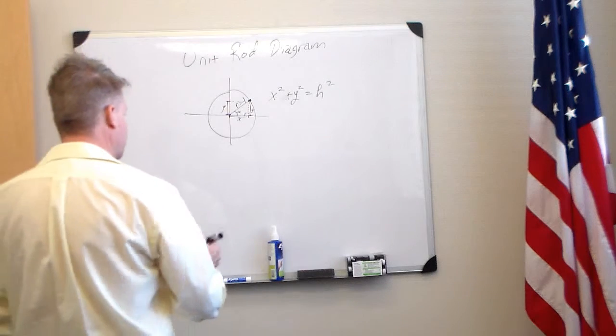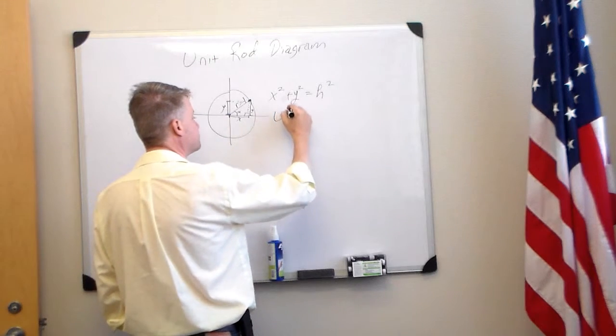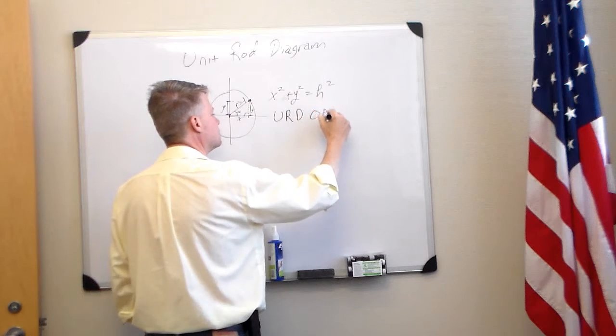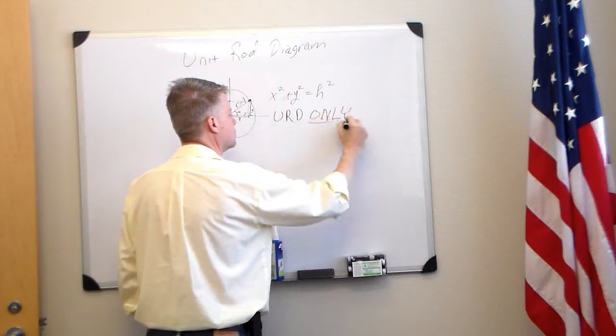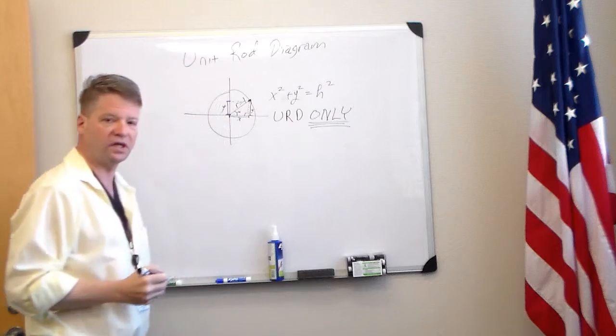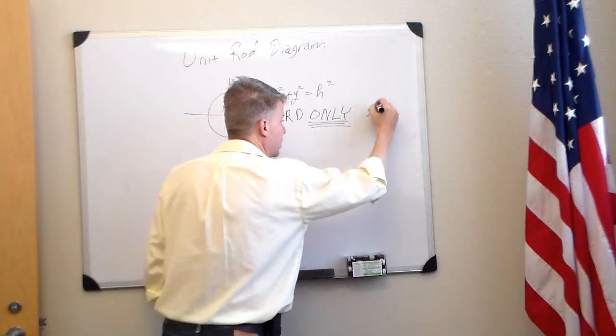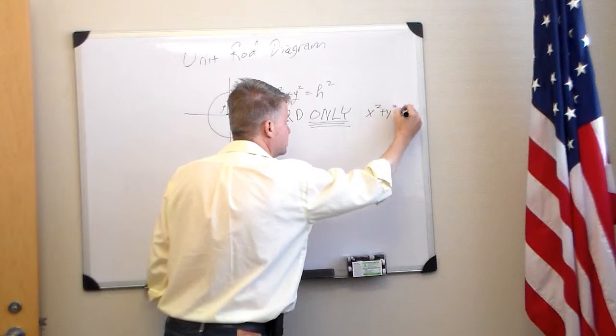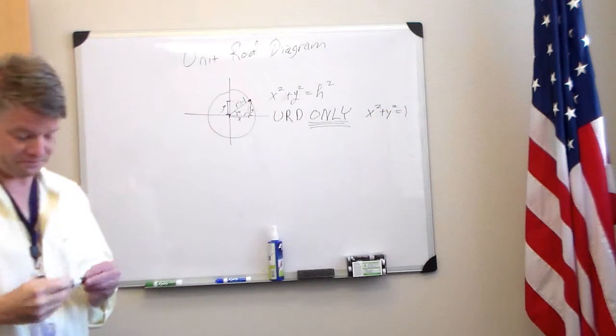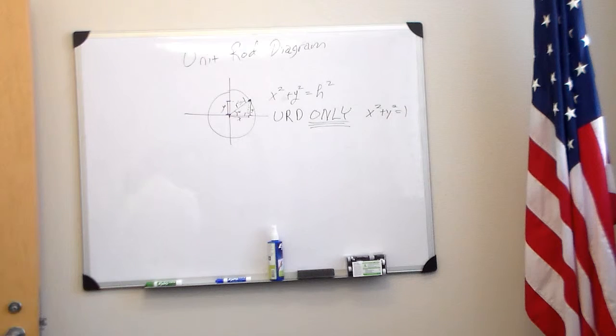So in our unit rod diagram only, and it's only because the radius equals 1, x squared plus y squared is equal to 1. And from this they derive certain values of sine, certain values of cosine, like I did last time. It's the same thing.